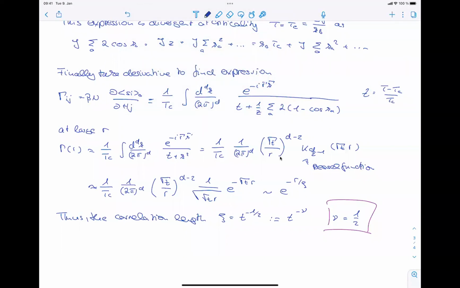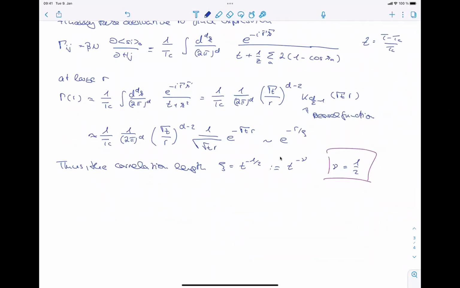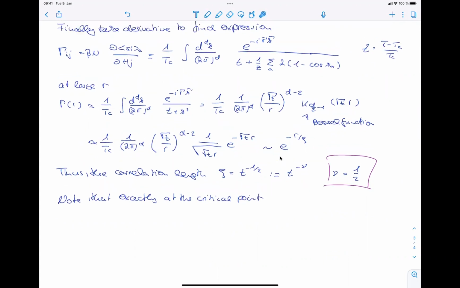So exactly at the critical point, so at t equals 0, right?